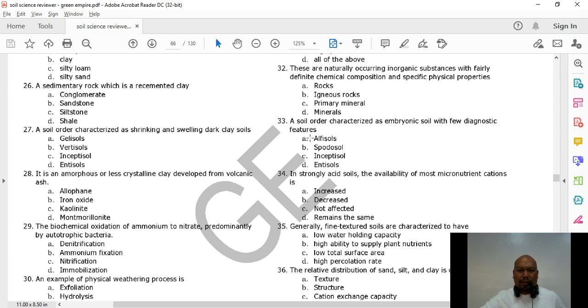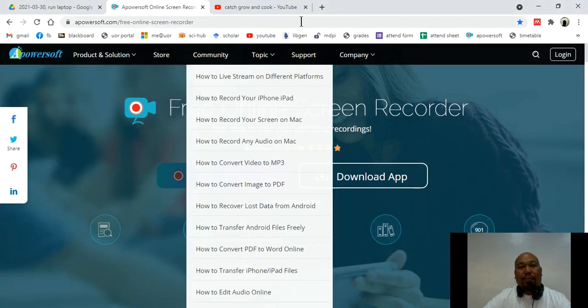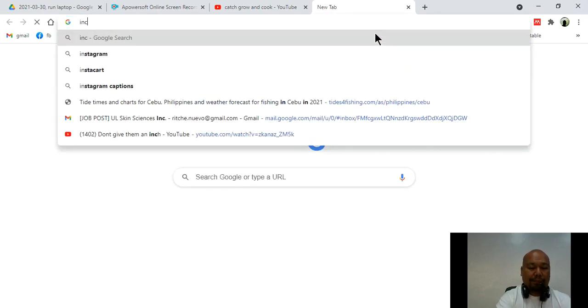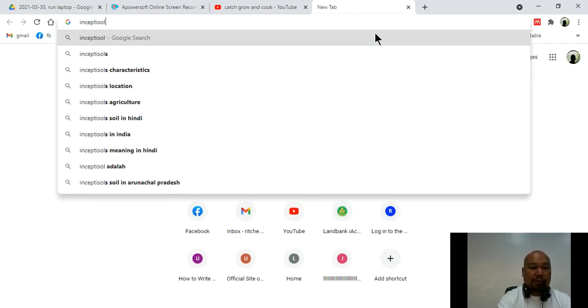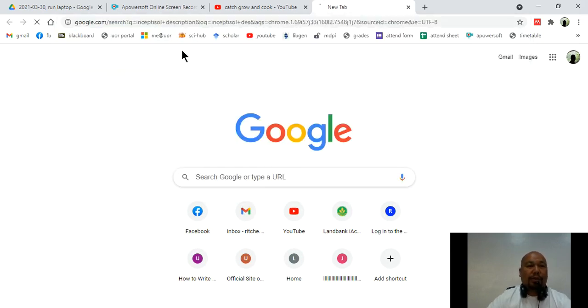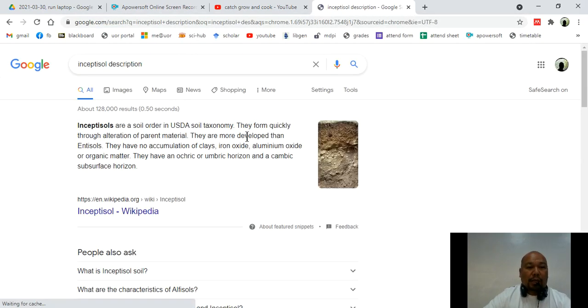All right, number 33. A soil order characterized as embryonic soil and with few diagnostic features. I think this is inceptisol. Let's try to look that up. Inceptisol description: they form quickly, they are more developed than entisols.